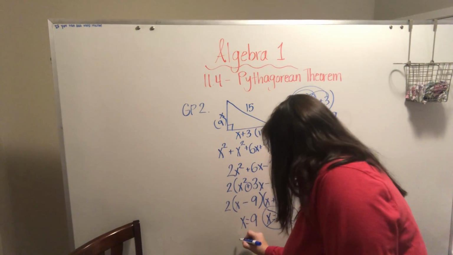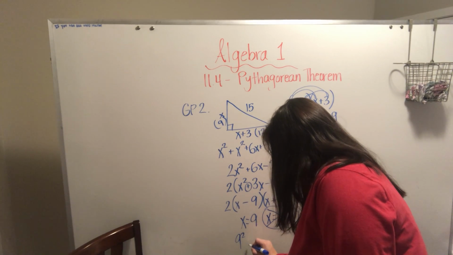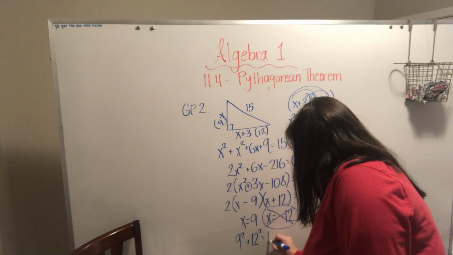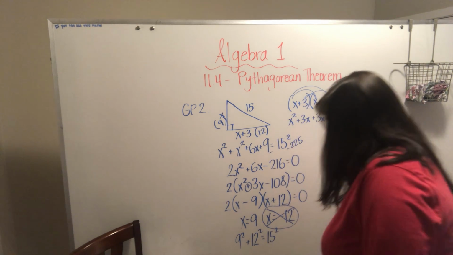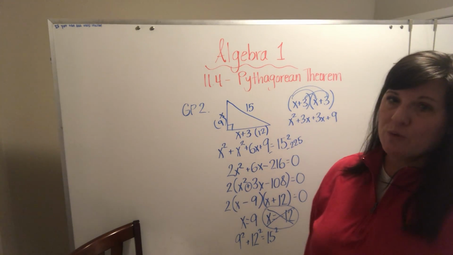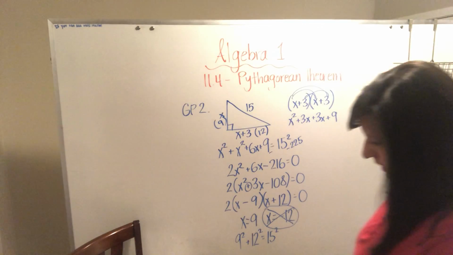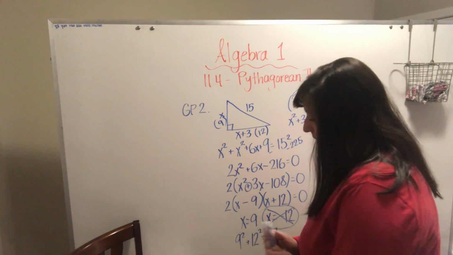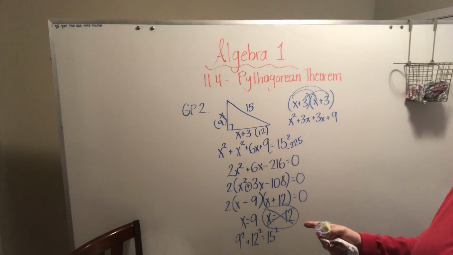A good math student should go back and check it, and you will find 81 plus 144 does equal 225. That works. Okay?